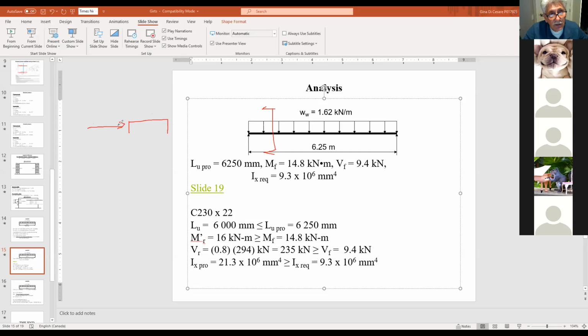That's the strong axis, and this is the weak axis. Now, what happens with these channels, because they are fairly weak about the weak axis, is that these things tend to sag when you actually place them. In other words, they will deflect under their own weight.